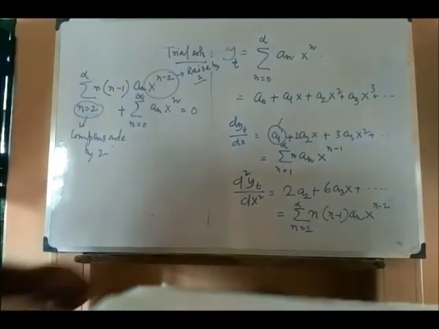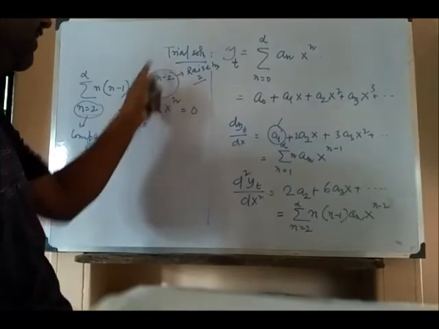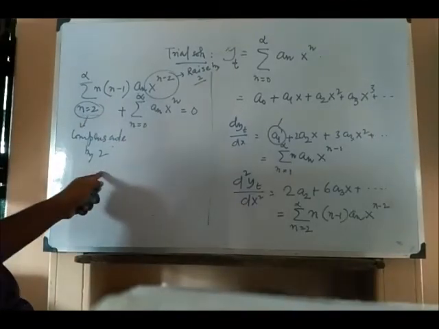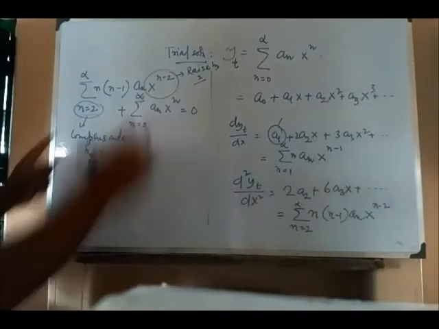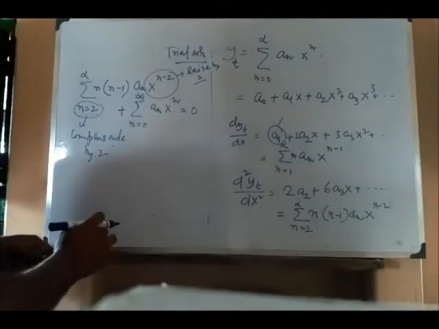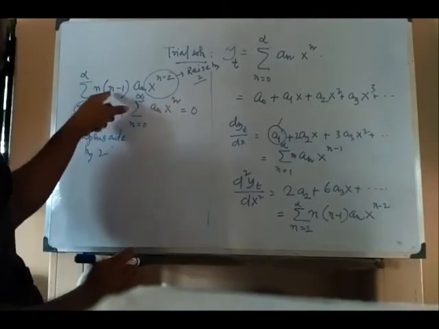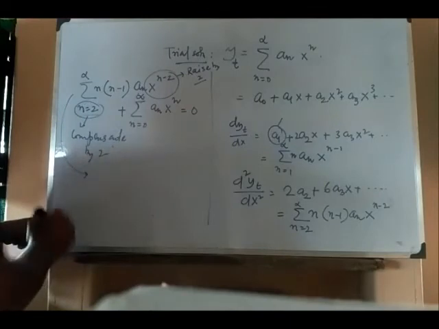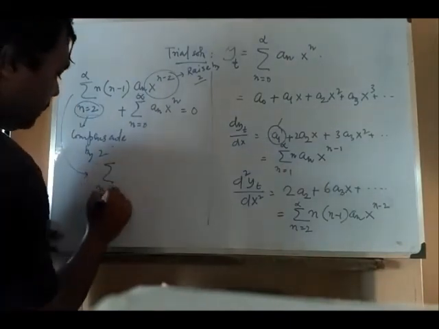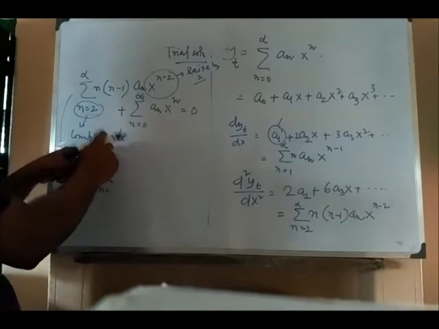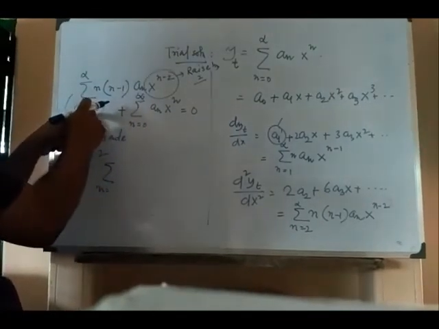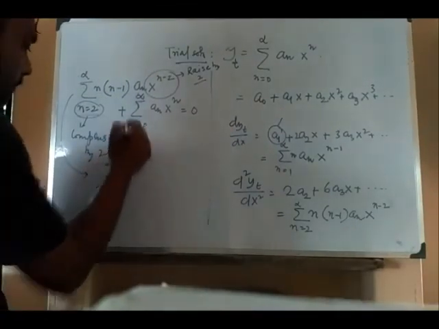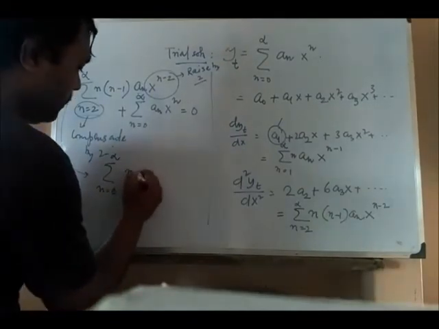So what you will do here, you will raise this term by 2 and you will compensate this term by 2. Now what you will get, if you raise this term by 2, everything, this n will be raised by 2. Now you will get a general case, and if you compensate it by 2, then just subtract 2 from this n equal to 2. So what you will get? This will be n equal to 0. Now infinity minus 2 becomes once again infinity. So this will be n plus 2.